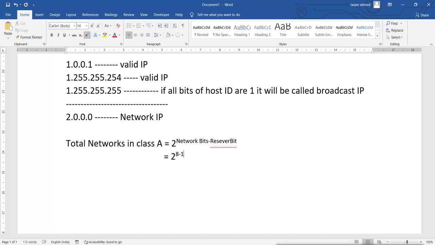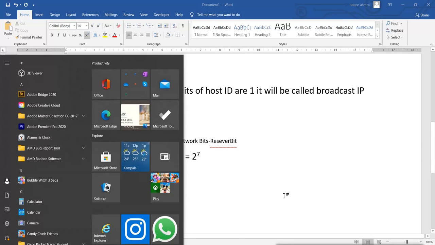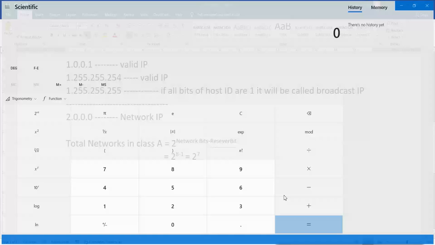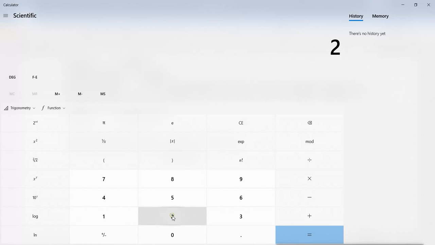So when I remove this, I will get 2 raised to 7. Why am I saying this? I will show you in the calculator: if you raise 2 to 8, you will get 256.